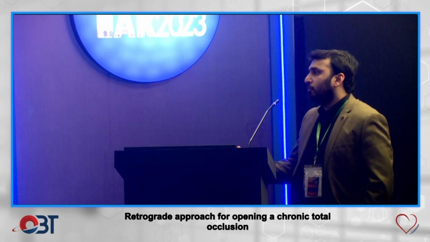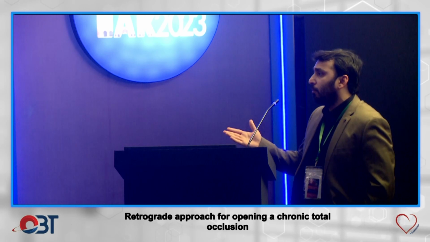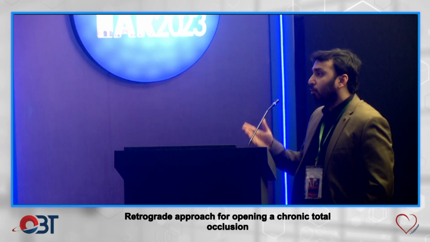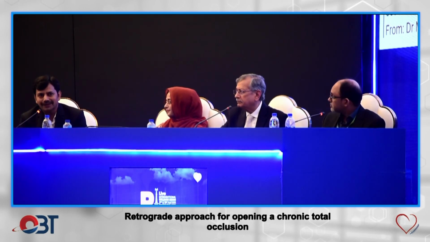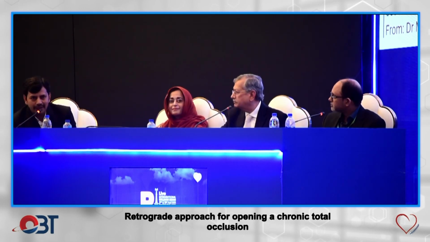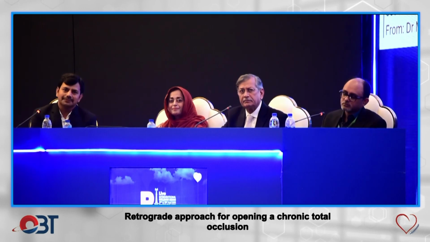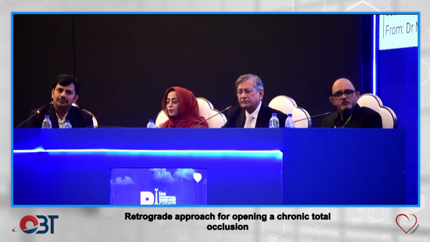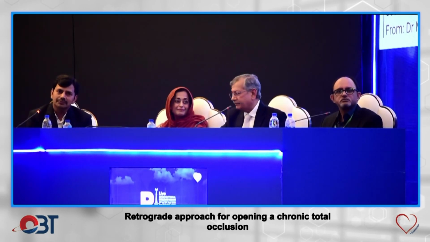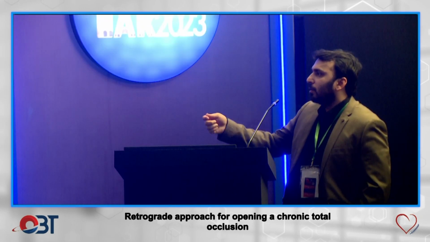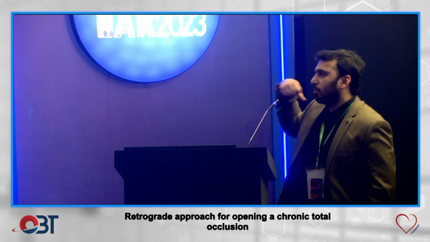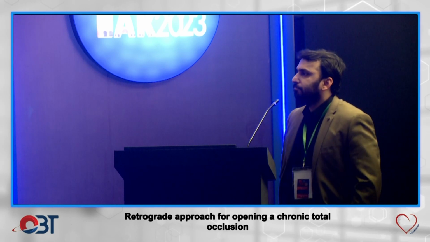Financial constraints are always a problem, especially when we are doing a retrograde case, which is already costing a lot. The cost-effective way is to snare the wire with the antegrade guide catheter. Exactly. Snare is obviously an option. As my catheter was up to the proximal to mid RCA, I thought if I trap the RG3 wire, I can easily pull it into the other end.